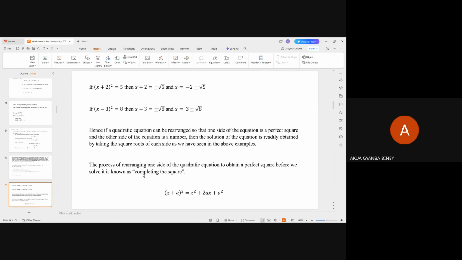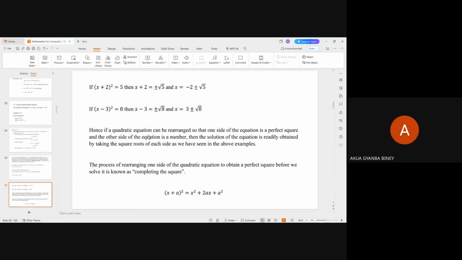If x plus 2 all squared is equal to 5, then x plus 2 is equal to plus or minus square root of 5, and x is equal to minus 2 plus or minus square root of 5. So it's just solving this expression.